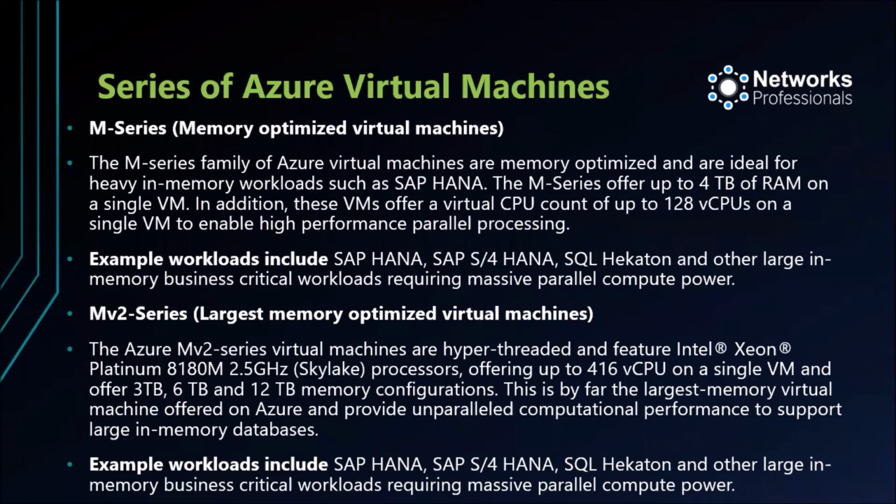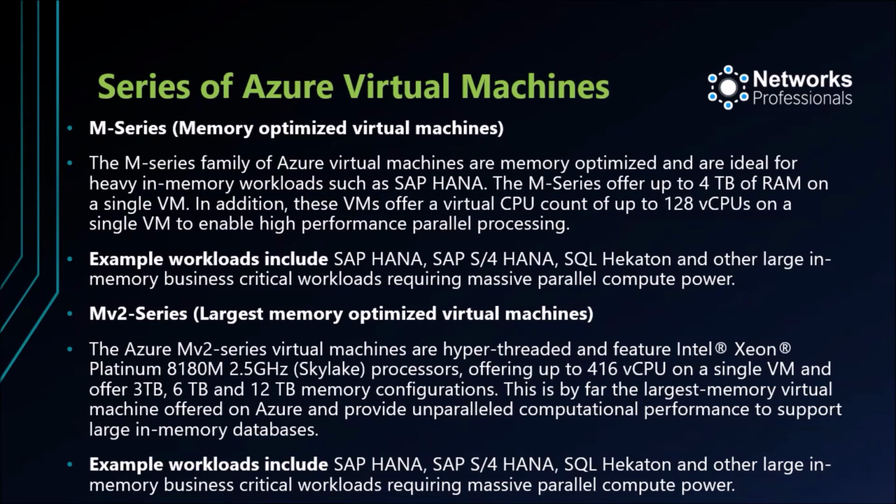M series virtual machines are also memory optimized virtual machines. The M series family of Azure virtual machines are memory optimized and are ideal for heavy in-memory workloads such as SAP HANA. The M series offers up to 4 TB of RAM on a single virtual machine.